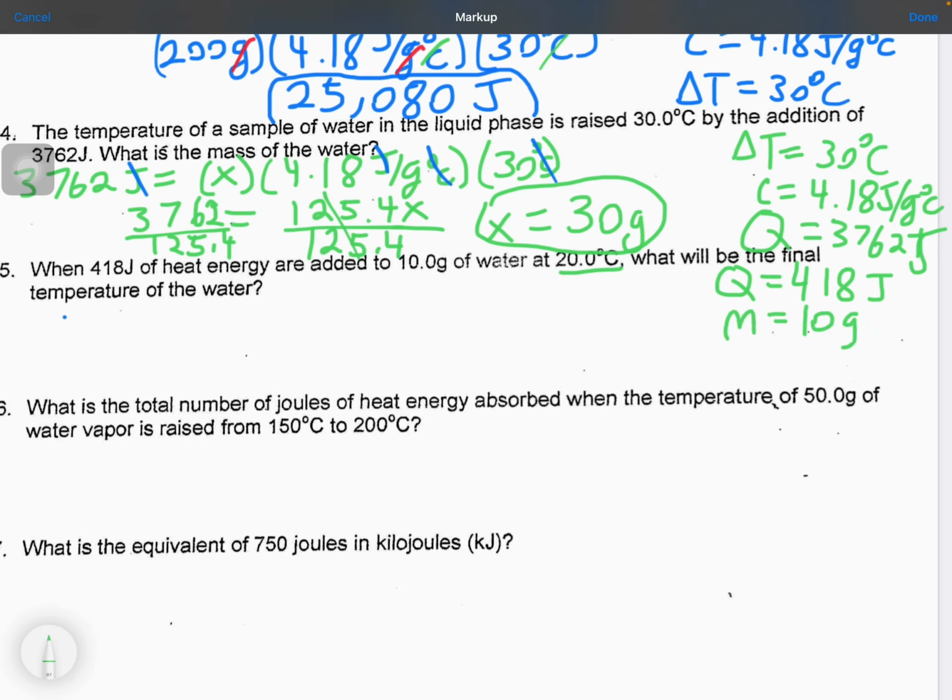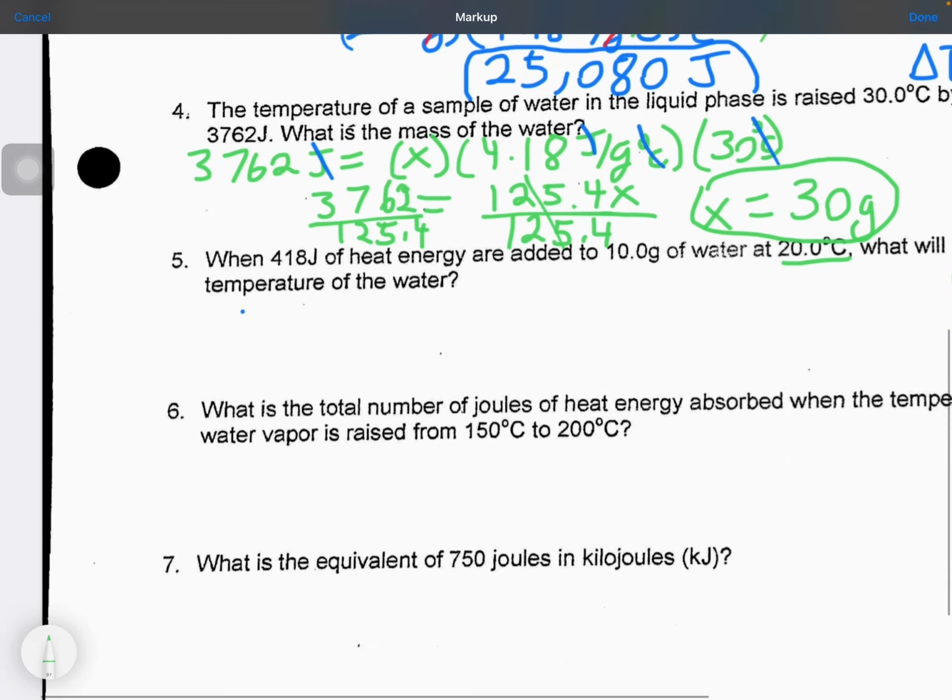And now this is giving us our original temperature. It's not giving us our final temperature nor the change. So that's what we're looking for. We're looking for our delta T. So again, we use our C value, which is 4.18 joules per gram degrees Celsius. So now we're going to plug everything in.